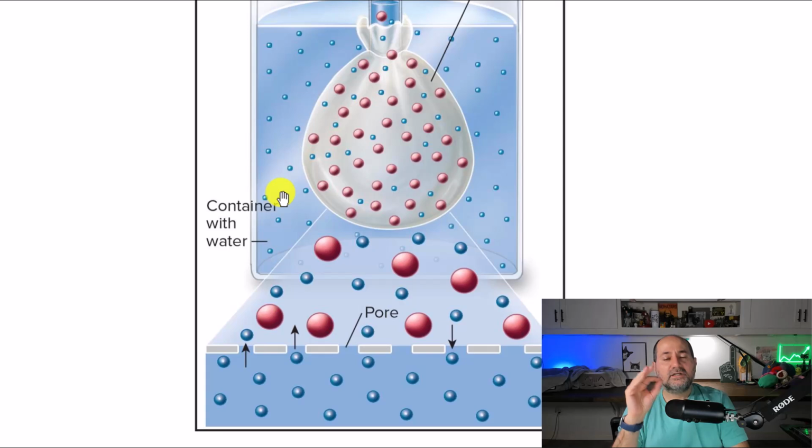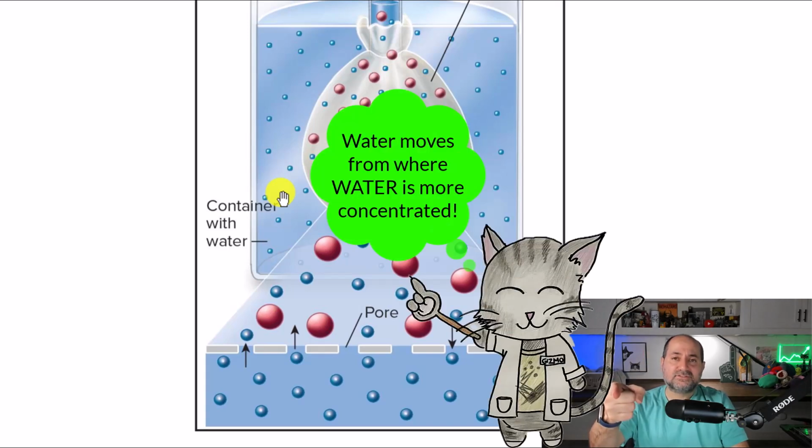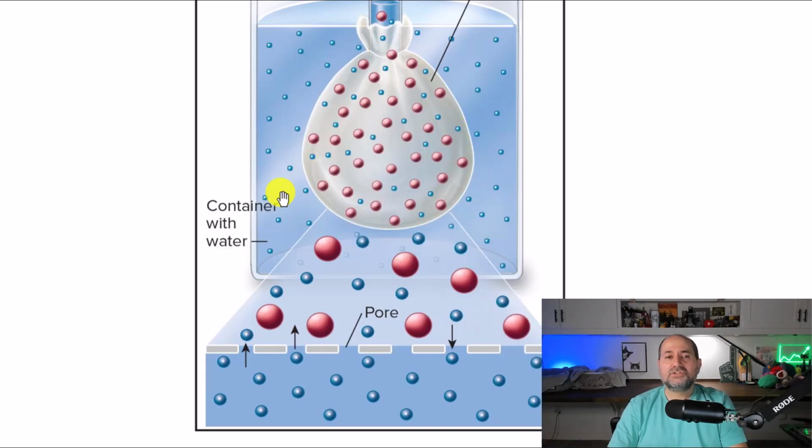If water is what's diffusing, if water is what's moving, water will go from where water is more concentrated, from where water is more pure, to where water is less concentrated, to where water is less pure, right? So if that's true, which way should the water net move, right? Should the water flood into the bag or out of the bag, or neither, right?